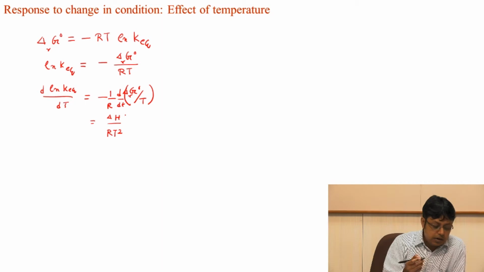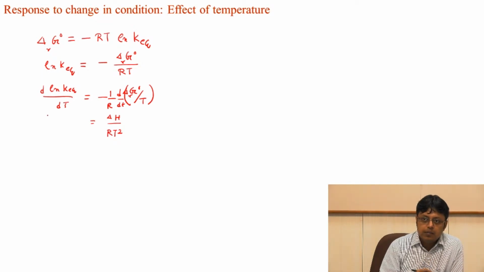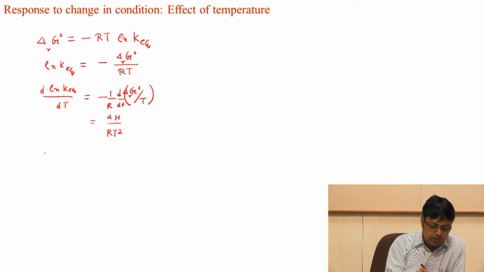Alternatively, you could also write the Gibbs-Helmholtz equation in a slightly different fashion. Instead of writing it like this, you could bring the 1 over T term forward and write it in terms of d ln K equilibrium by d(1 over T), how it varies.